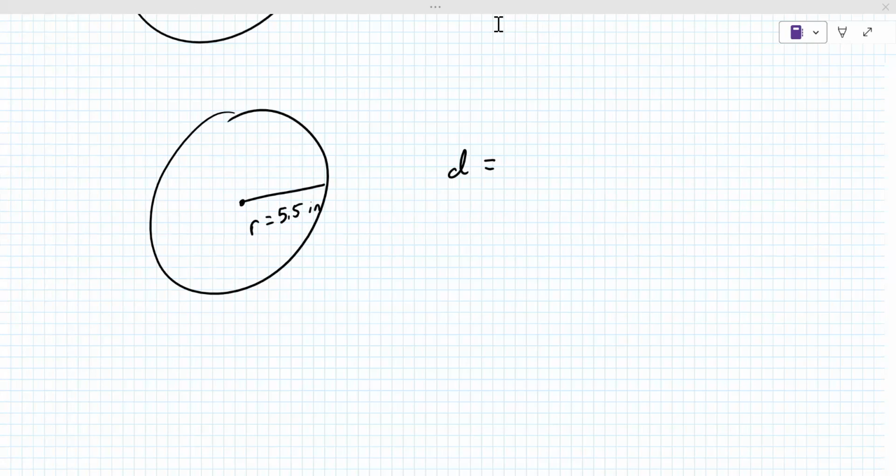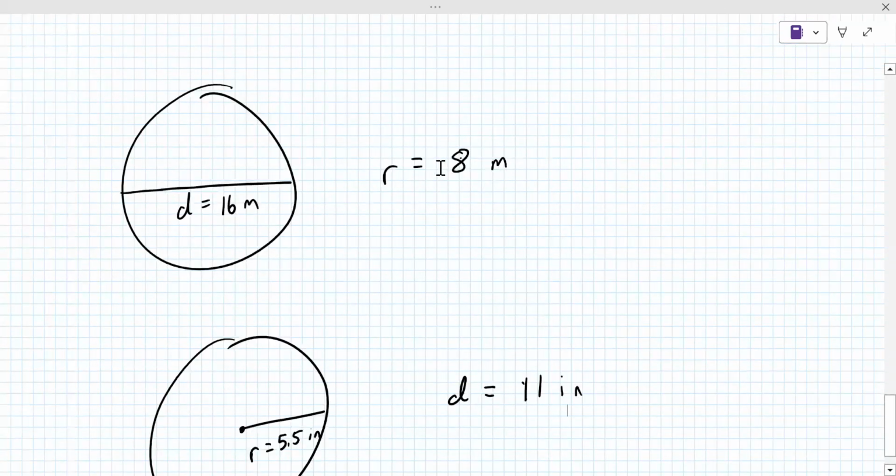Okay, can you tell me the result of 5.5 times 2? 11. What are the units? 11 inches squared. Again, single lengths like radius and diameter are just inches. Single lengths are just the single unit.